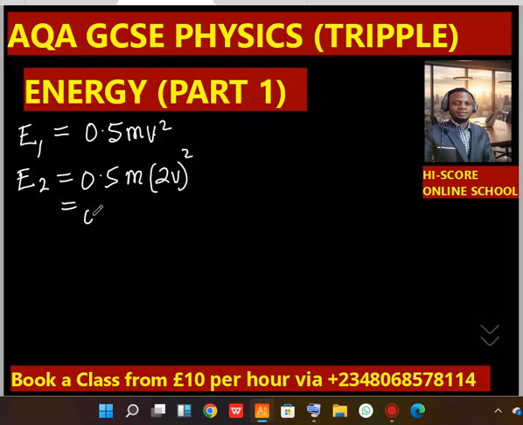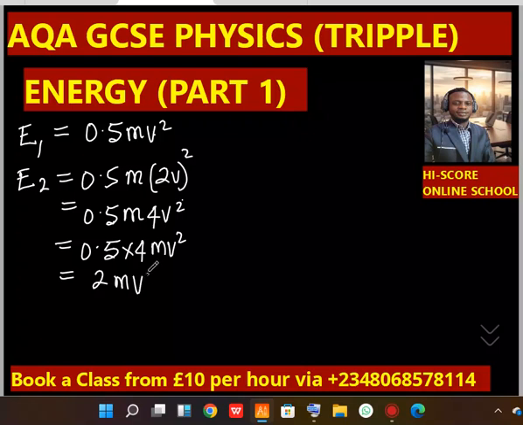This will give us 0.5 m, opening bracket, 2 squared is 4, v squared remains v squared. That will give us 0.5 times 4 mv squared. 0.5 times 4 is 2, that is 2mv squared.